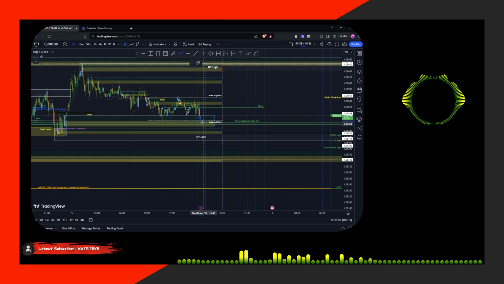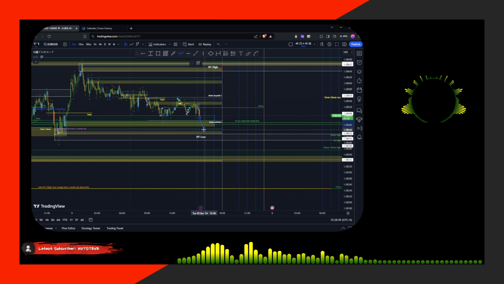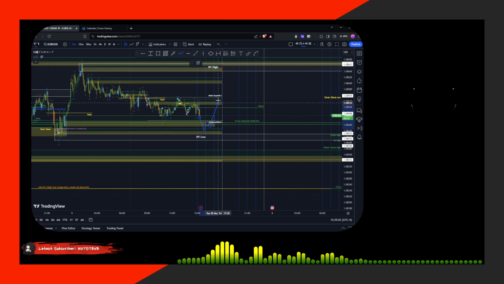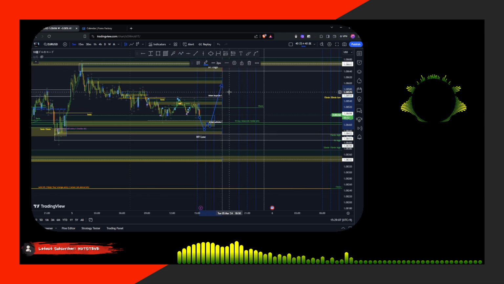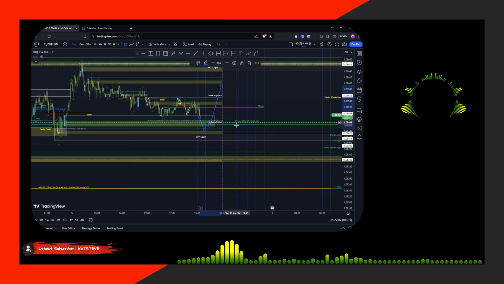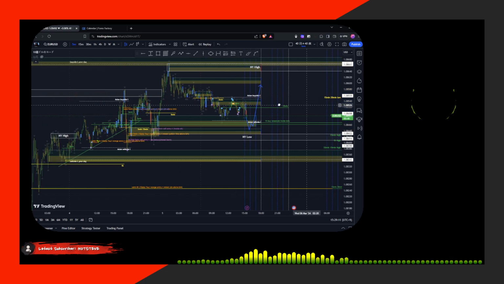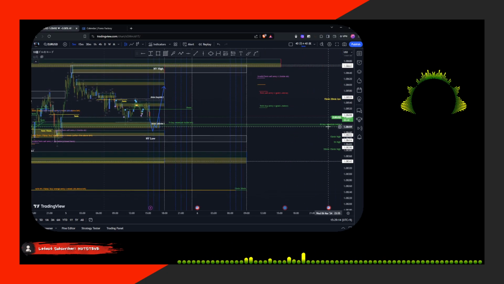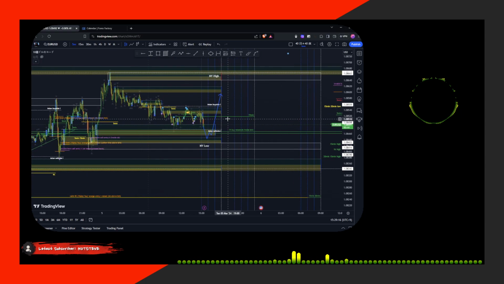Taking out the Asian sell side, and maybe we can get a support from this level and push the price up as it coincides with the 1 hour buy and the 4 hour buy retest.